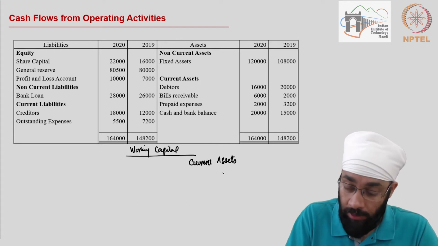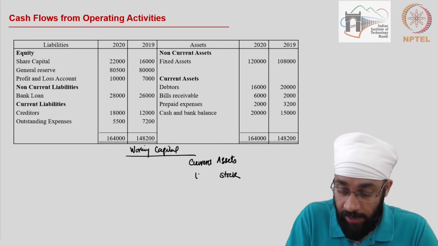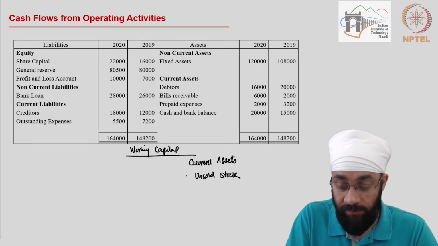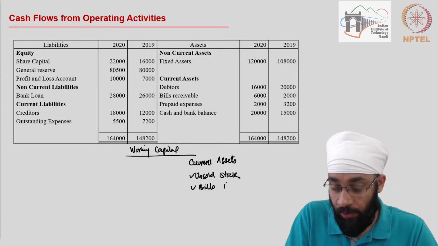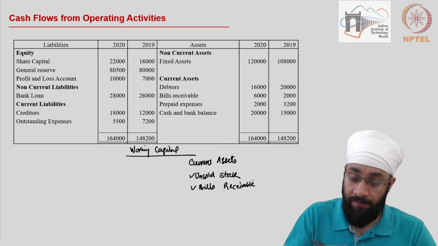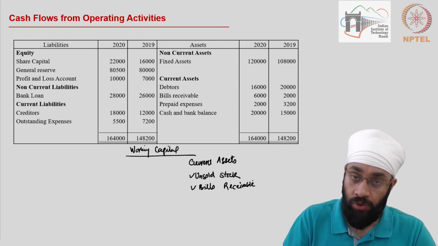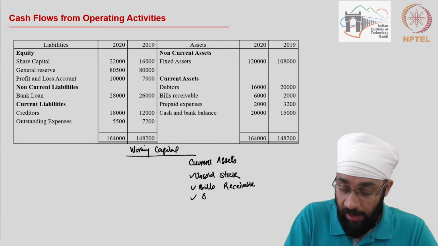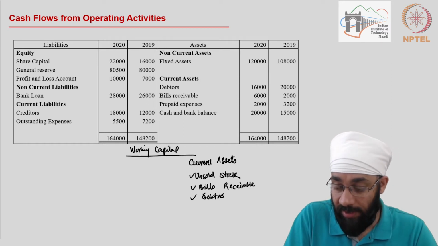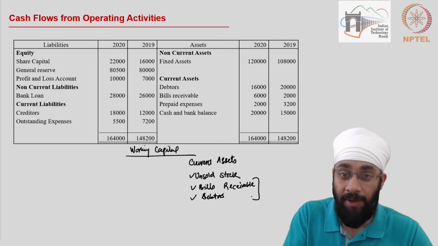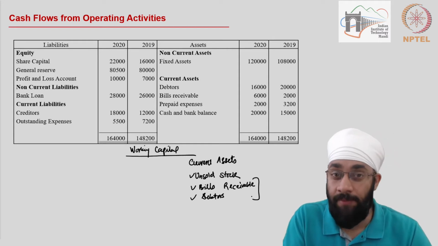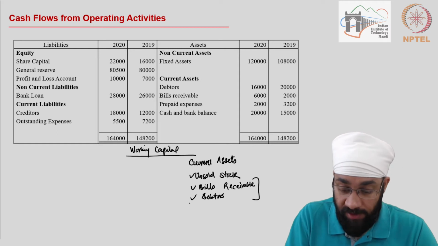You buy stock and the stock is unsold. The money is blocked. You have bills receivable, which means goods have been sold and money has not been received. This is also called debtors, but there can be some differences in these two, but typically companies club everything and say receivables, or trade receivables.